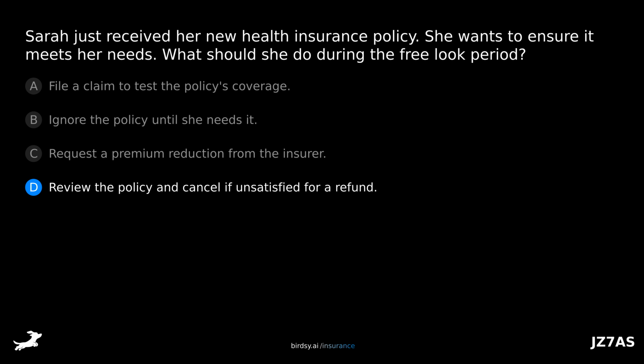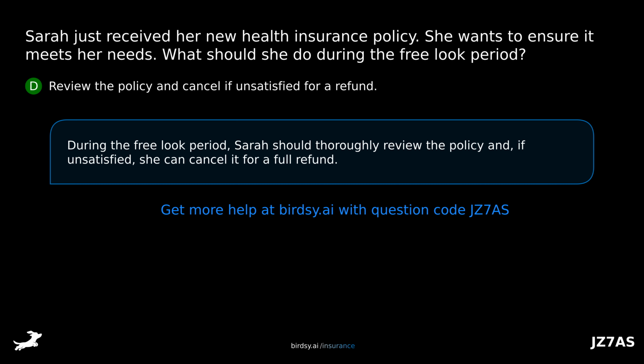Or D, review the policy and cancel if unsatisfied for a refund? The answer is D, review the policy and cancel if unsatisfied for a refund. During the free look period, Sarah should thoroughly review the policy and, if unsatisfied, she can cancel it for a full refund.